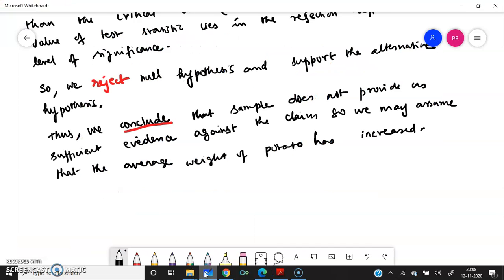So we'll go back and solve the sum. What is this? Example 2, I think, right? Example 1 we have already completed. We are going to example 2, right?